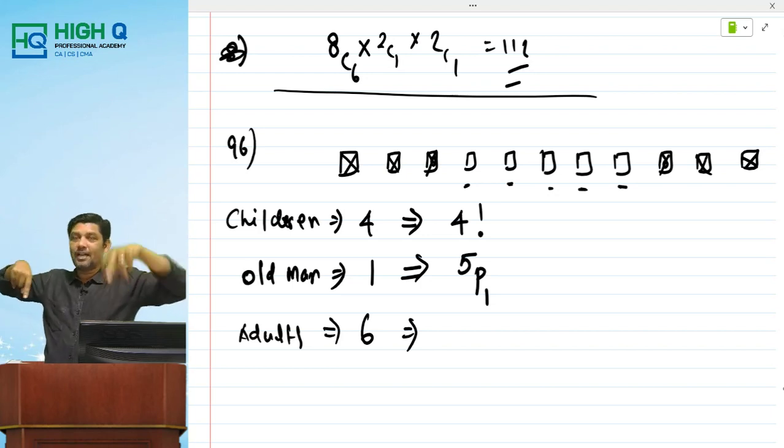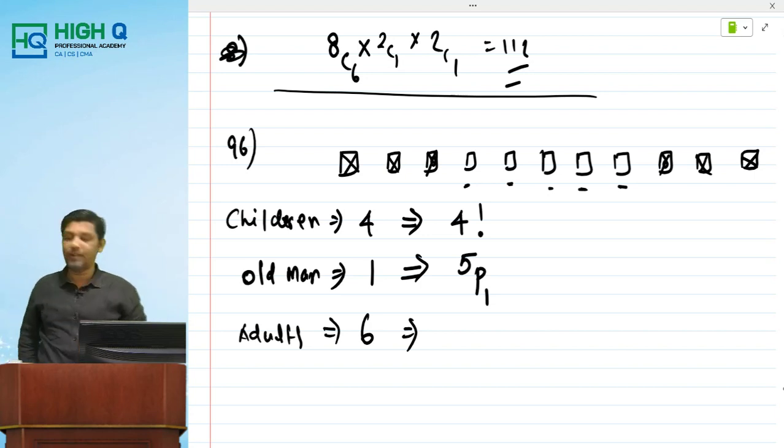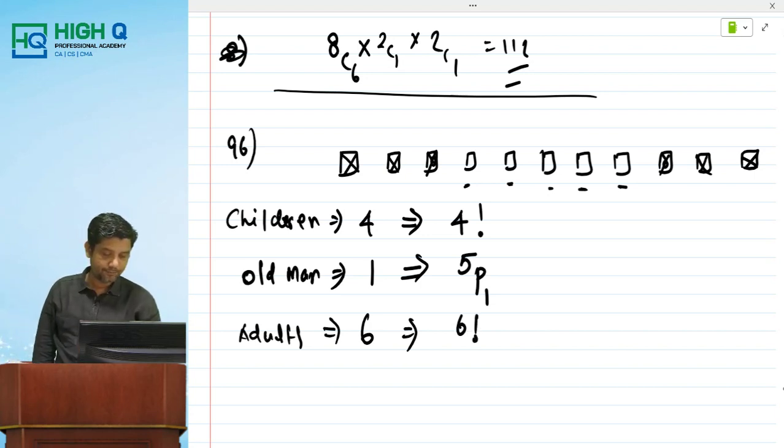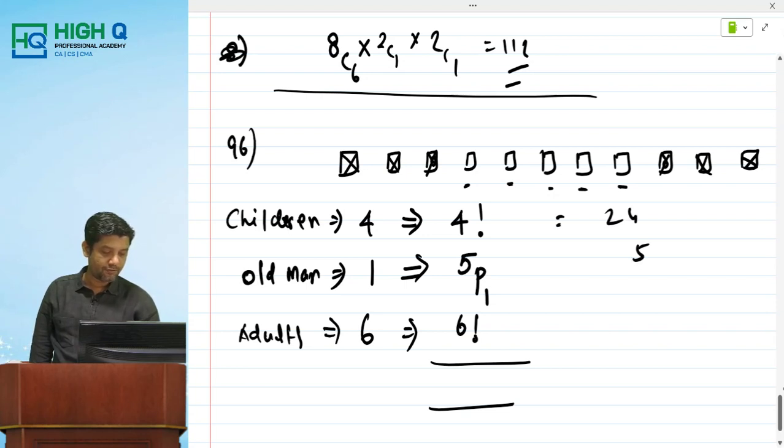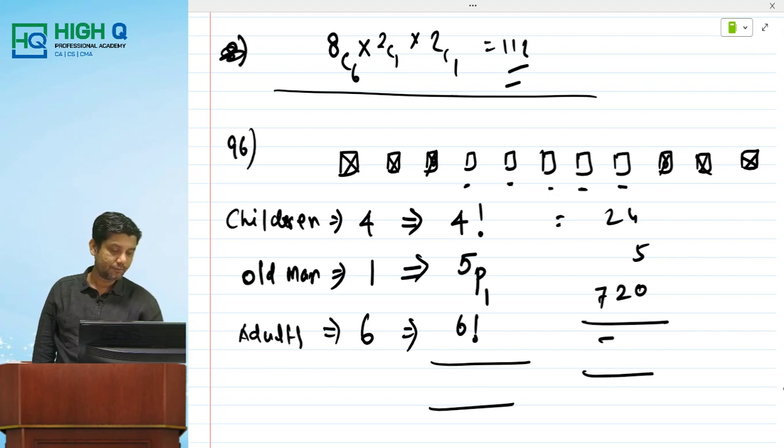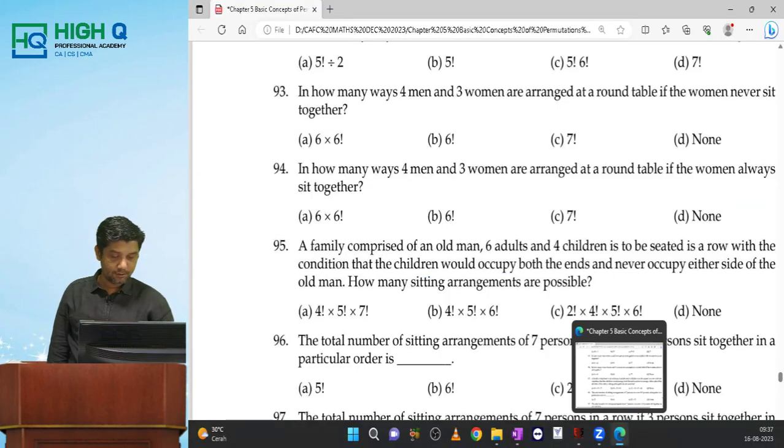And adults have any constraint? No. Those 6 adults can be accommodated in 6 factorial ways. So which is nothing but 24 plus 5 plus 720. What is it, my dear? 749. Is it the right answer?